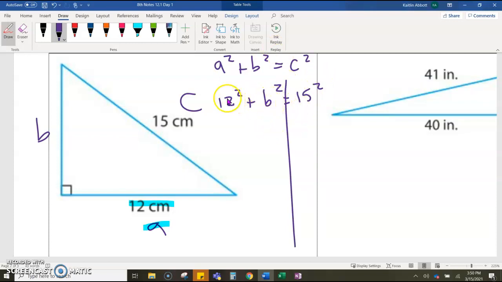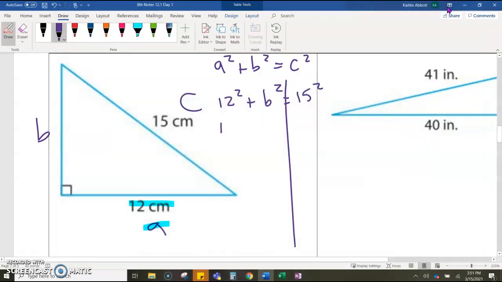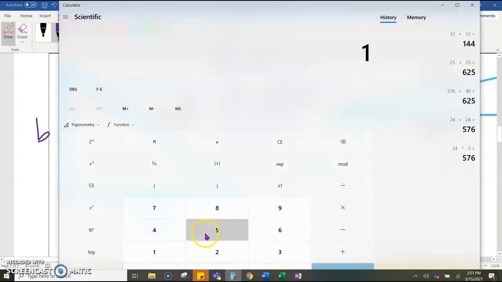So first, let's multiply these out. 12 times 12 is 144. Plus B squared equals 15 times 15, which is 225.